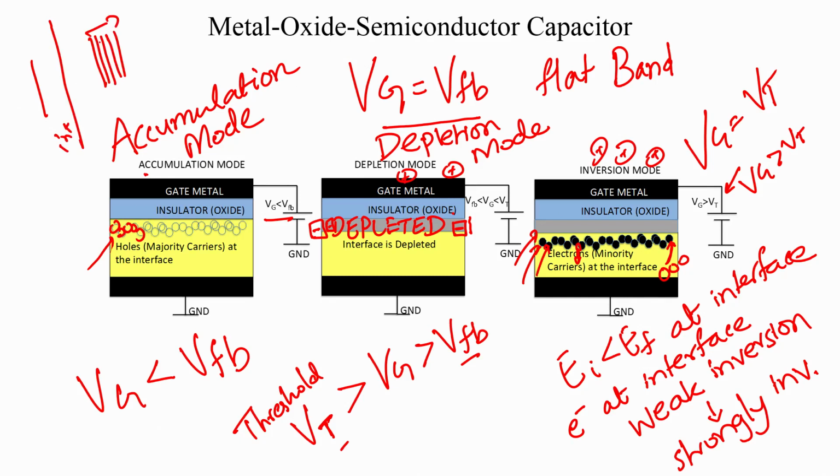It uncovers more and more positive charge, but the moment the electrons start appearing at the interface, this increase in the depletion width more or less stops, because a small increase in the gate voltage will exponentially increase the number of electrons at the interface, and therefore you have a lot of electrons coming in there to balance any positive charge. So, that is the story of everything that is going on in a MOS capacitor.